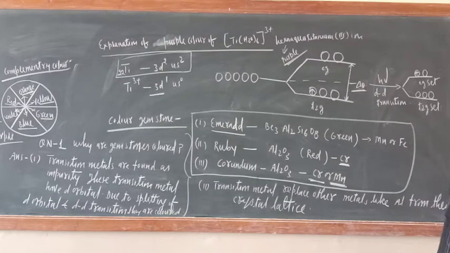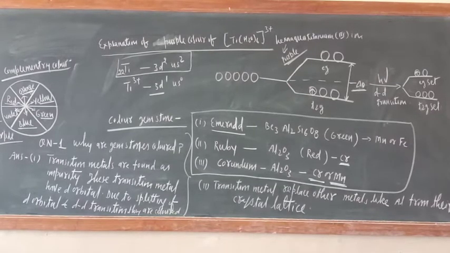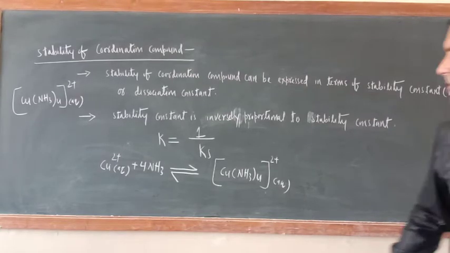Only two things are left: the stability of coordination compounds, and bonding in carbonyl compounds, the synergic bond. Both things I will try hard to complete today only. So now the new topic is stability of coordination compounds.